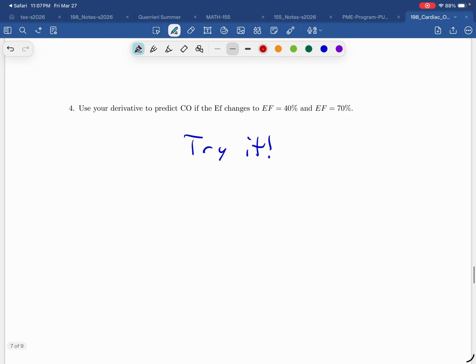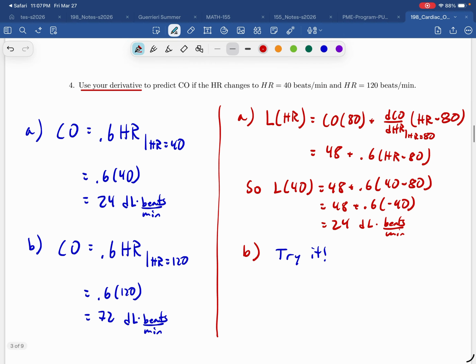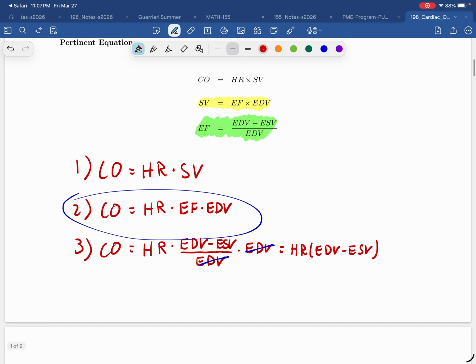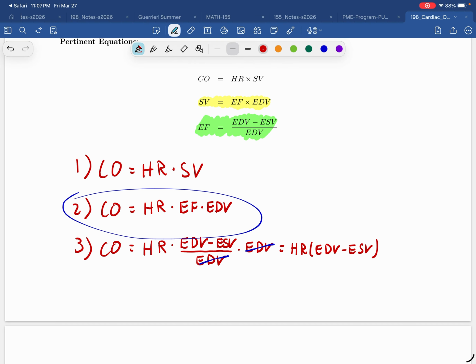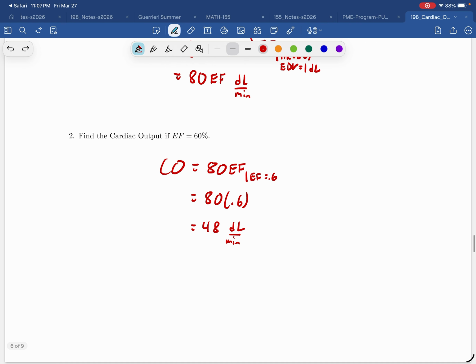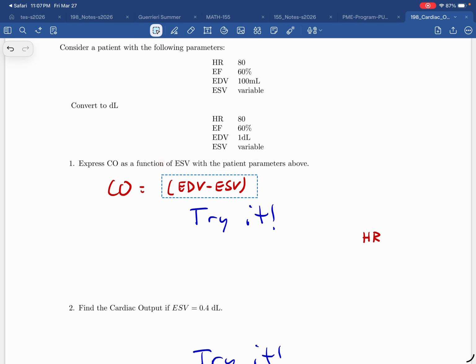Let me double check that. I want to make sure I gave you the right equation. Yeah, I put the heart rate first, but yeah, for the last one you're using that. There you go. All right, so try to complete this by the next class. You've got this.